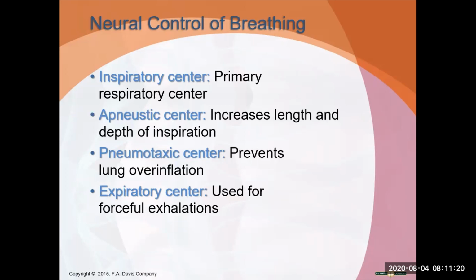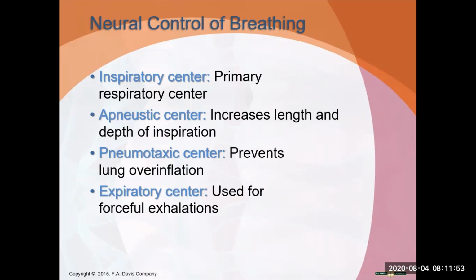The pneumotaxic center inhibits both the apneustic center and the inspiratory center, and this contributes to a normal breathing rhythm and prevents overinflation of the lungs. When more forceful exhalations are needed, such as during exercise, the expiratory center sends impulses to the abdominal and other accessory muscles.